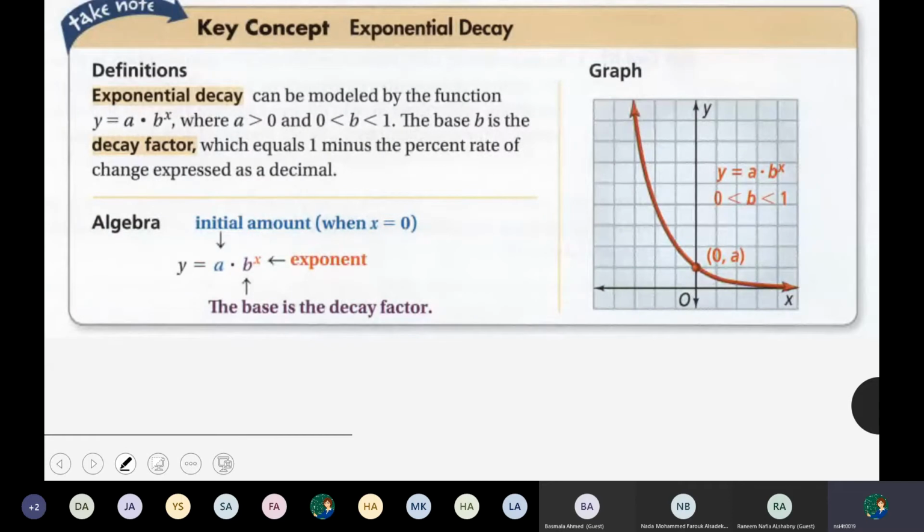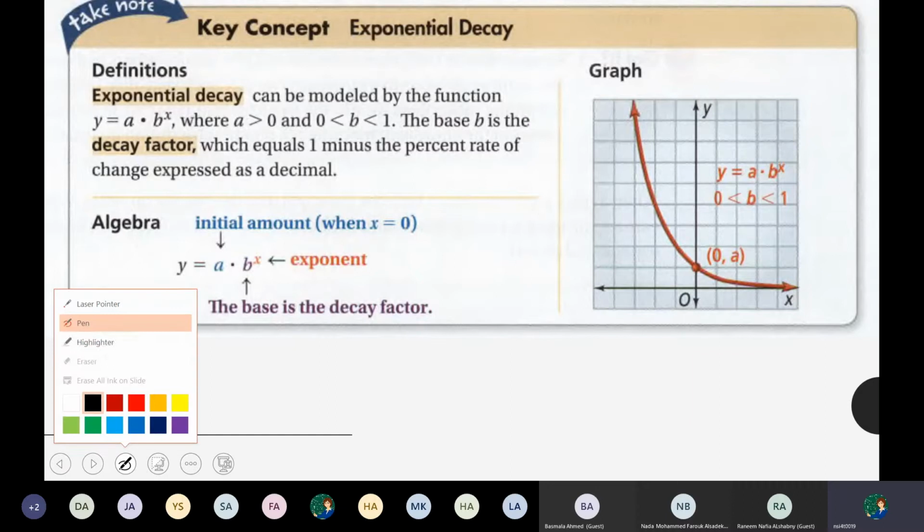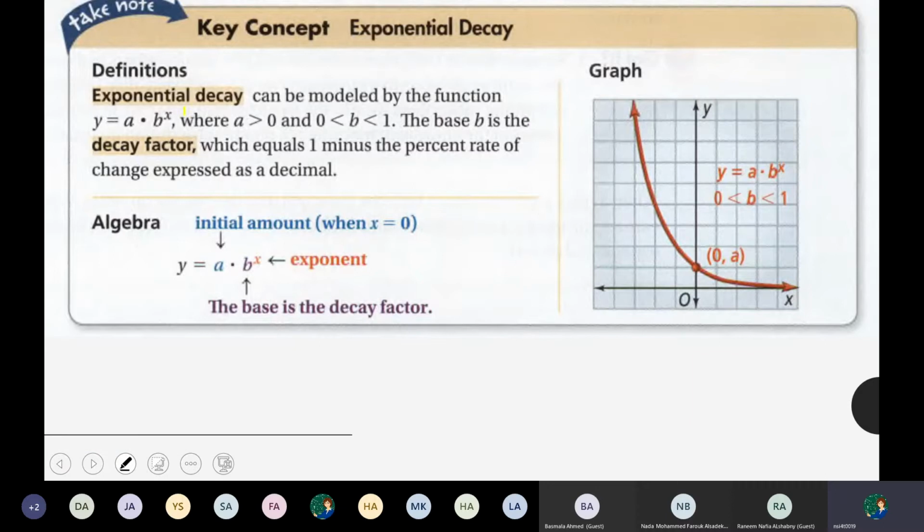Now, exponential decay. Exponential decay can be modeled by the function a times b raised to x, where a must be greater than 0, and b must be less than 1 and greater than 0.